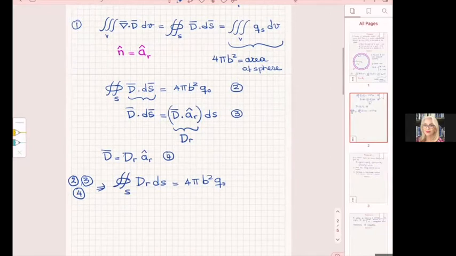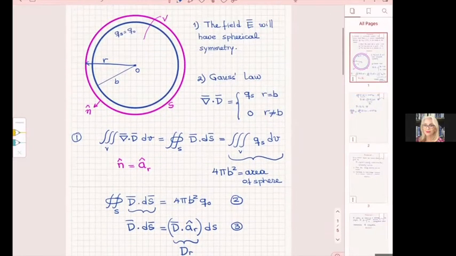And then D_r, as I said, is independent of phi and theta. It only depends on r. Every point on this spherical surface S has the same distance from the center of the sphere, so it has the same r, but it has different theta and phi.